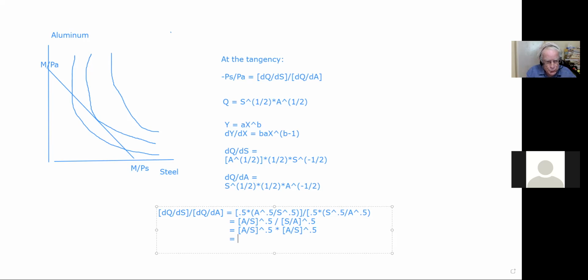Or very simply, A over S, since we add together the powers of 0.5 in both cases. And there is the initial marginal product ratio that turns out to be very simple.